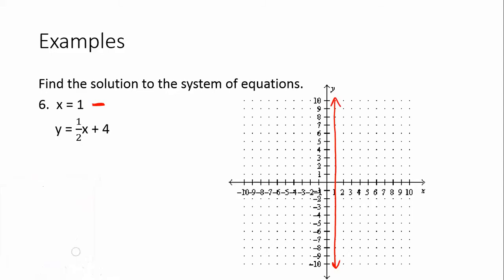Then if I graph the second line, my y-intercept is up at positive 4. And I'm going up 1 and over 2, up 1 over 2, up 1 over 2. And I want to go down 1 and over 2 in the other direction. And then I want to connect. This won't happen very often, but this is a case where we kind of end up in the middle a little bit.